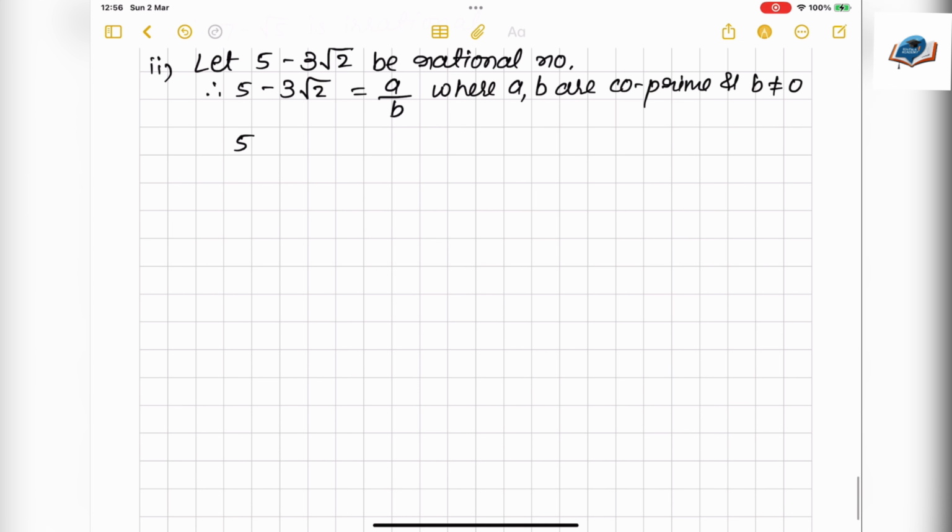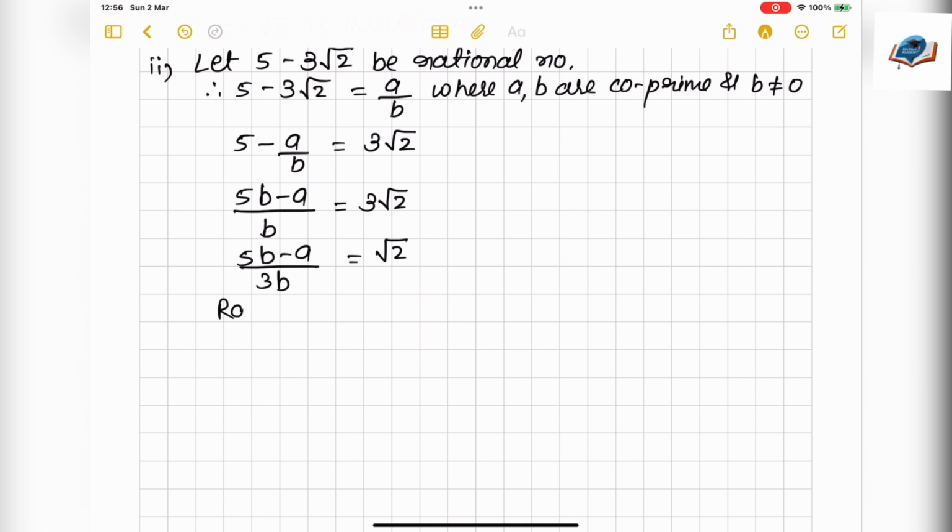So 5 minus A upon B equal to 3 root 2. Now this will be 5B minus A upon B equal to 3 root 2. So 5B minus A upon 3B will be equal to root 2. Now I can say LHS is rational and RHS is irrational. So they can't be equal. So therefore 5 minus 3 root 2 is an irrational number.